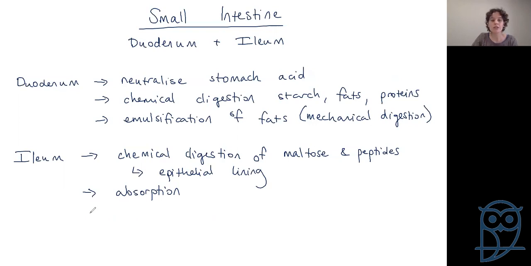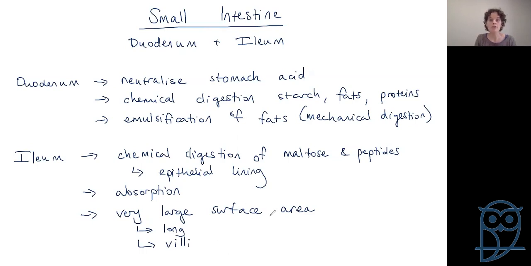So ileum is really long and it has a very large surface area. So we're going to say it's long and it has villi. Okay, both of these help to increase the surface area. When you increase surface area, you increase absorption.